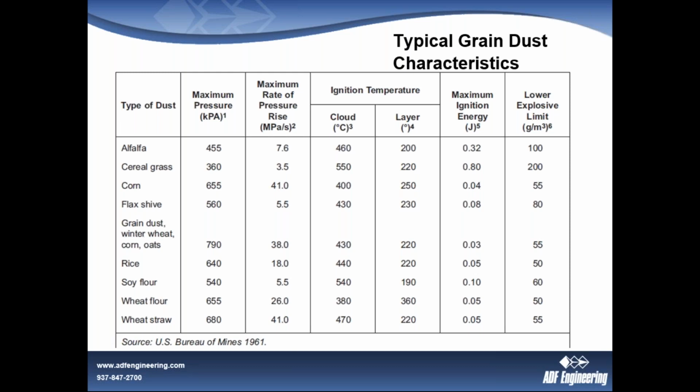What does the U.S. Bureau of Mines know about your grains and the grains in your facility? And I guarantee you from 1961, this data is no longer valid. This was tested in a different way with a different test method. The tests have changed. So this data is invalid. And this is just to point out the dangers of trusting that data that you'll find out there in literature.